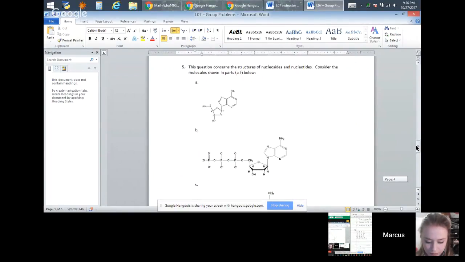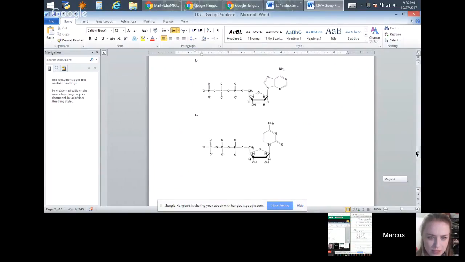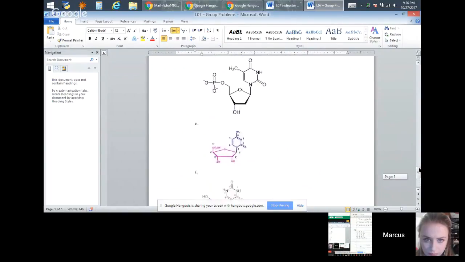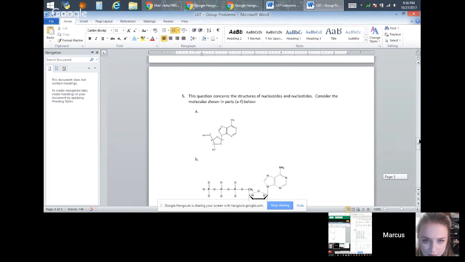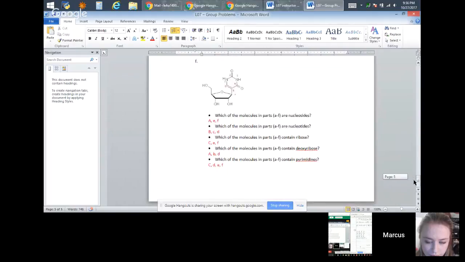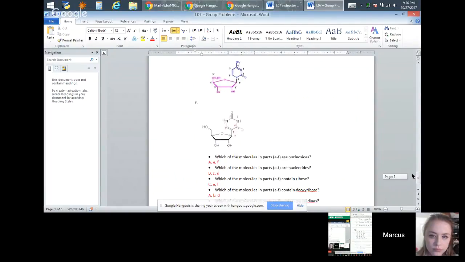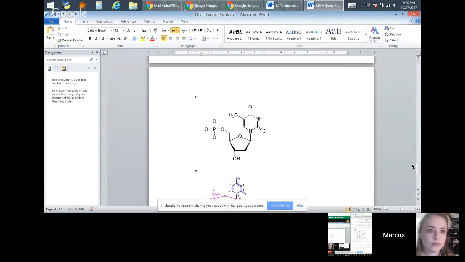It's just a base and a sugar. I believe so. And then nucleotides are the base, the sugar, and the phosphate group. Okay, that makes sense. Was it the single phosphate? No, so it can have 1 to 3 phosphate groups. That's right.